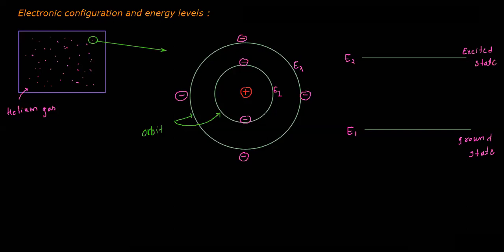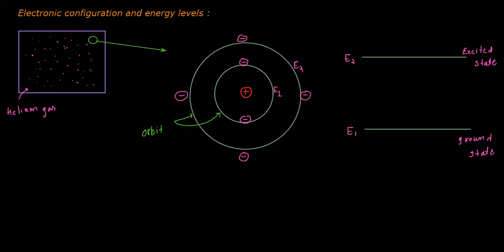Now again I'm repeating this: here you can see we have only two orbits. As I said, there will be a number of orbits depending upon which gas you are talking about, which means there will be a number of excited states.